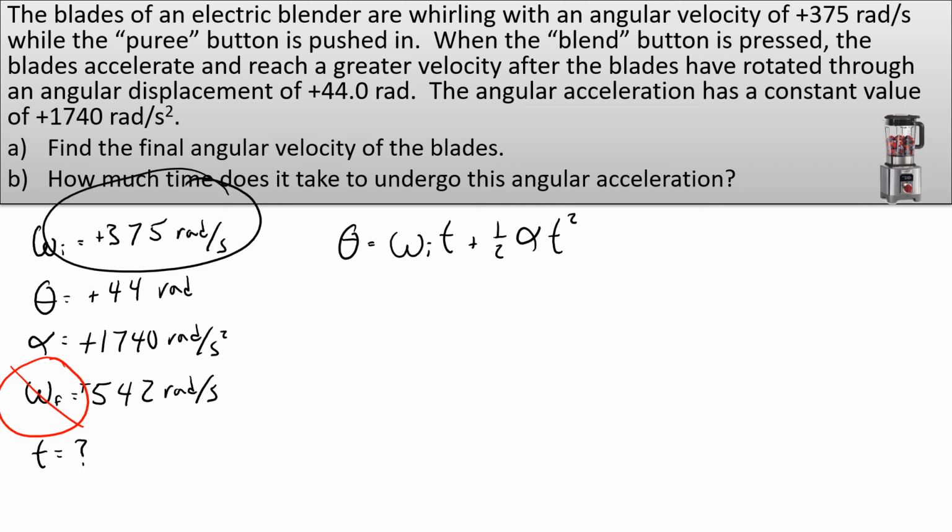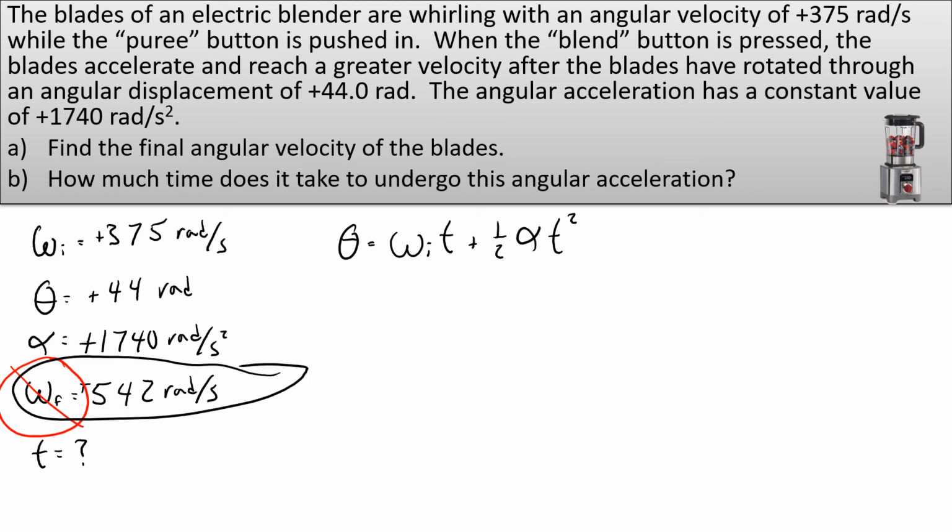Because omega i is not 0, and if we're solving for the time, this is going to turn into a quadratic formula. And even though this is a rounded answer, I could live with that if I could get away with not doing the quadratic formula, which I recommend you do as well. Listen, if you like the quadratic formula, that's totally fine. But let's use an equation that does have omega f in it, just something to solve for t.